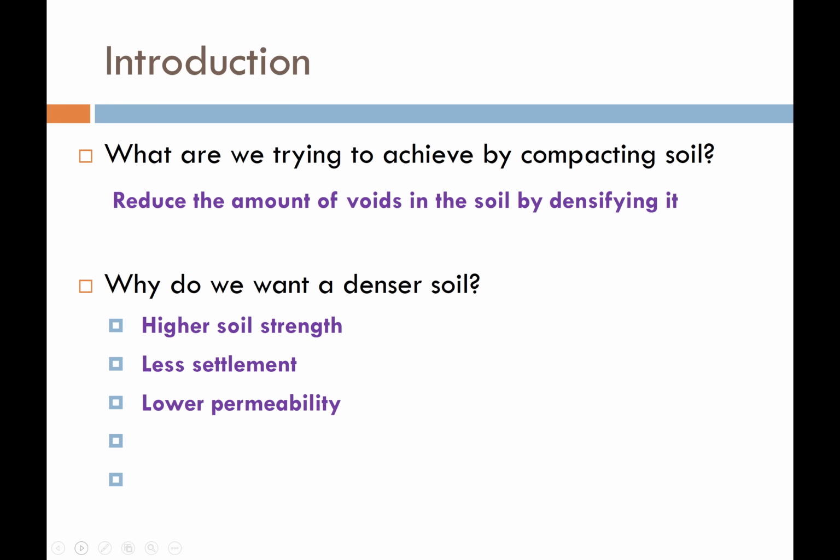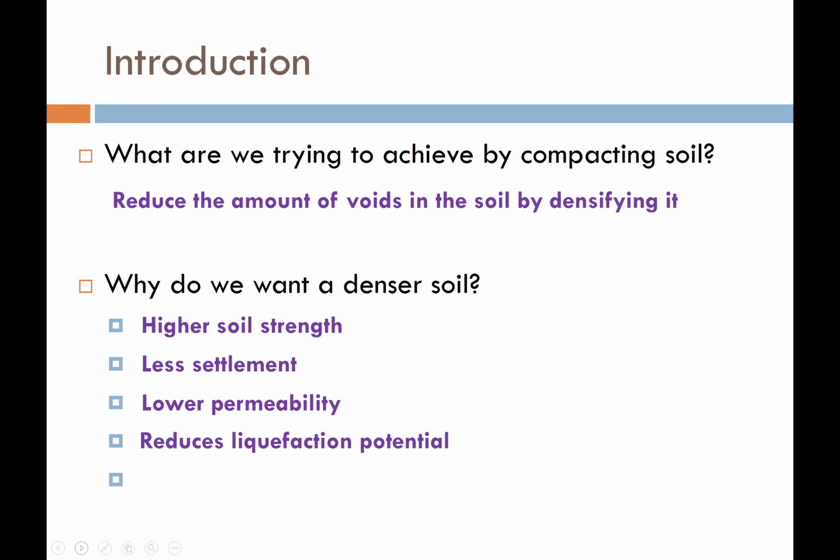Lower permeability. Now in some cases we may want permeability, but usually for load-bearing cases, we want to reduce the amount of permeability. We want the water to run off the top of the soil instead of run through and potentially erode our soil away. It also reduces the potential for seismic-induced soil liquefaction.